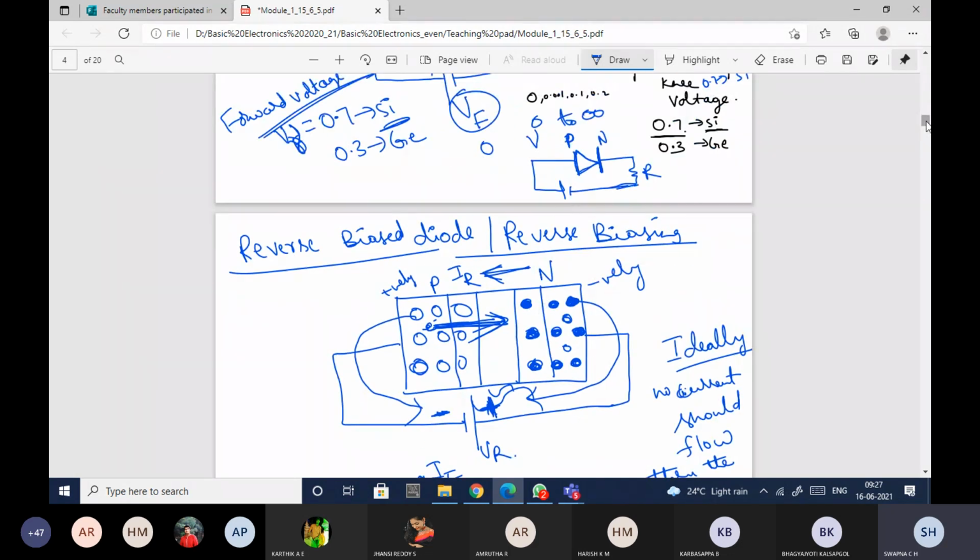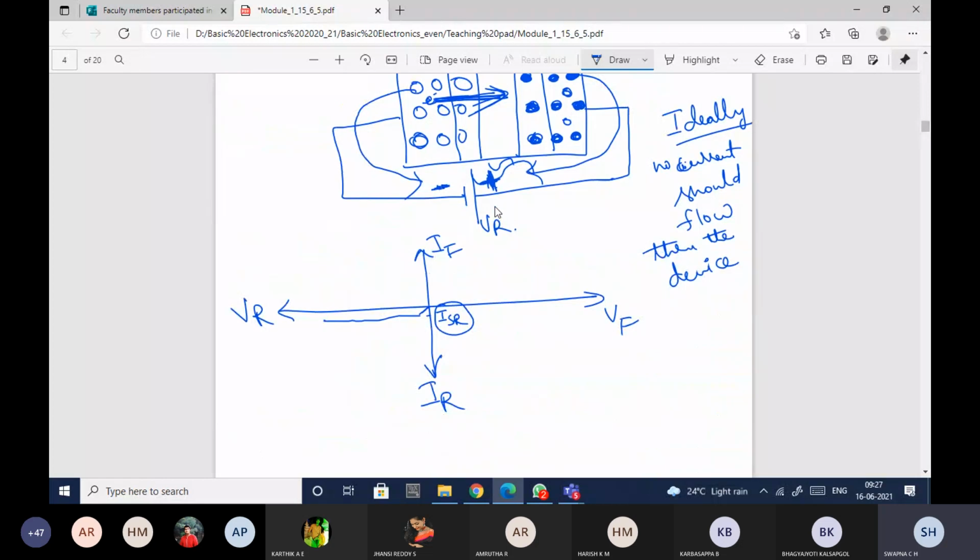Now what I'm doing, I'm increasing this VR further, even though there is no change in the current, even though it is constant, still I'm increasing VR. So what happens at a particular voltage? At a particular voltage the diode will break down, in the sense, see, the electrons present here may get high potential energy, and they may go and collide with other atoms.